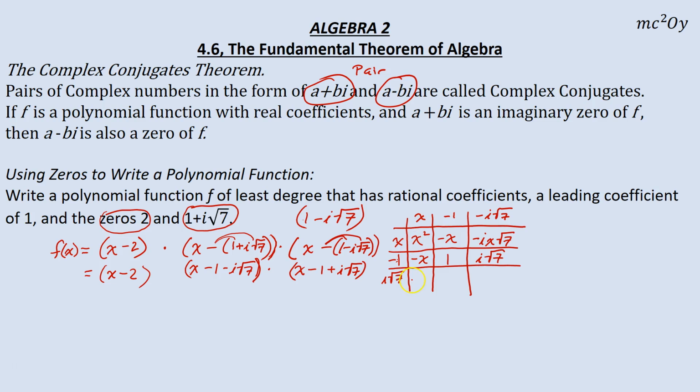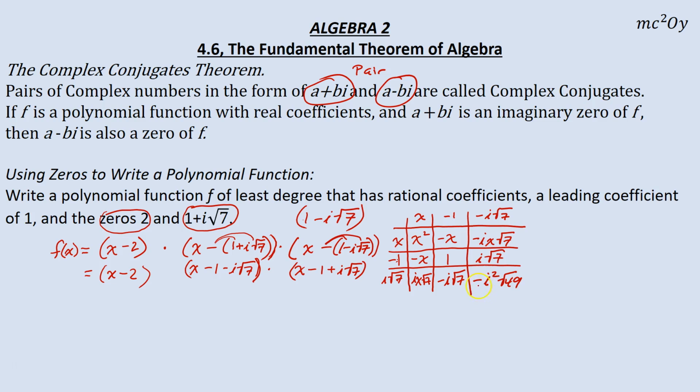I root 7 times x is i x root 7. I root 7 times negative 1 is negative i root 7. And i root 7 times negative i root 7, well, positive times negative is negative. I times i is i squared. Root 7 times root 7 is root 49.